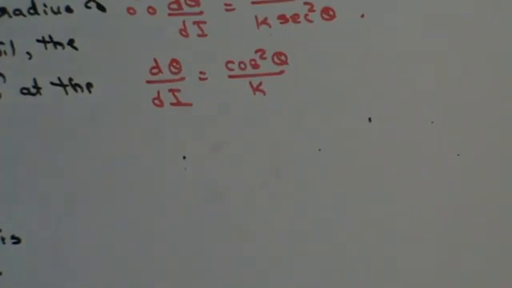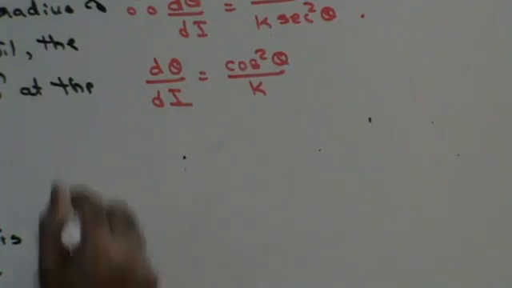Now, from this equation it is very clear that if I want the galvanometer to be more sensitive, the value of K should be as small as possible, right? K and sensitivity are inversely proportional to each other.